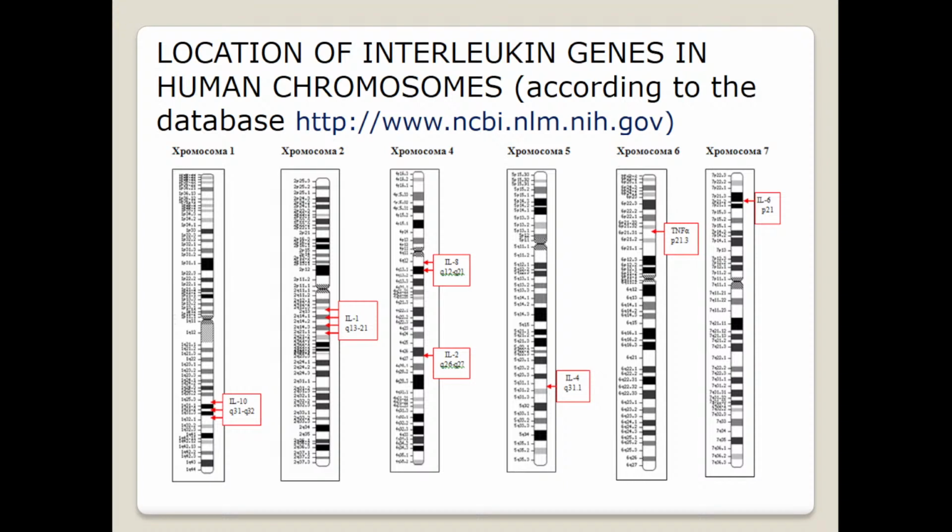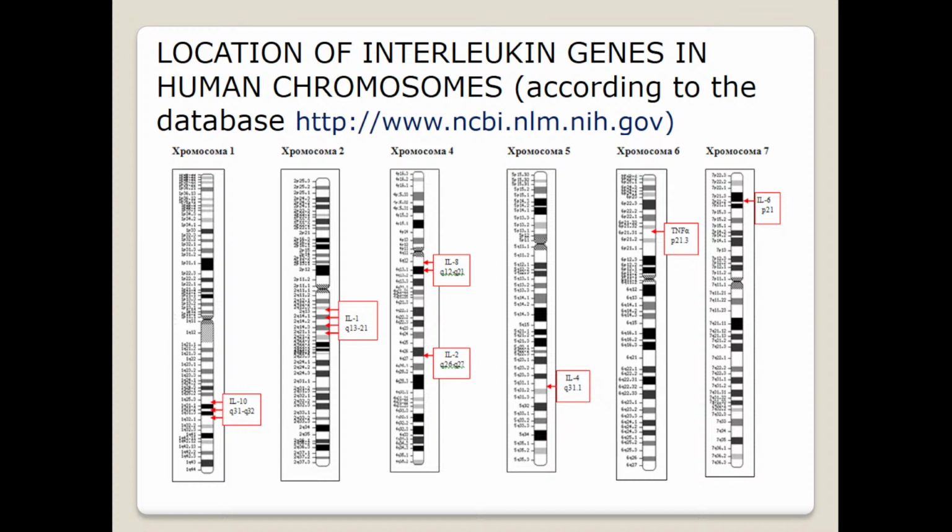Next is information about genes, which you will use in our second module, and which you will find in the database. It is the position of this polymorphism on the chromosomal map. Here you can see a map of not all chromosomes, only 1, 2, 4, 5, 6, 7.